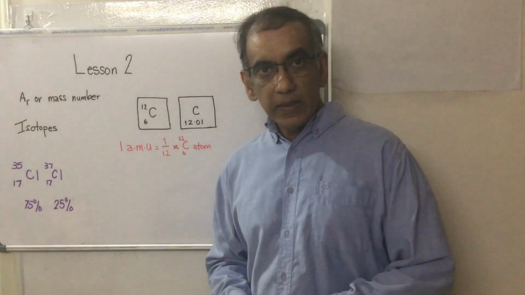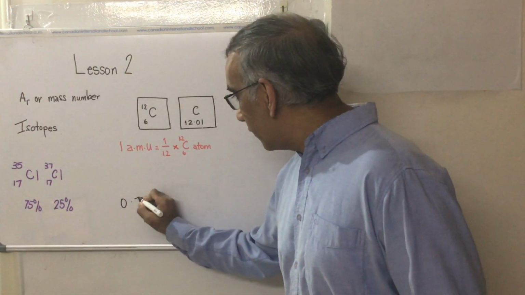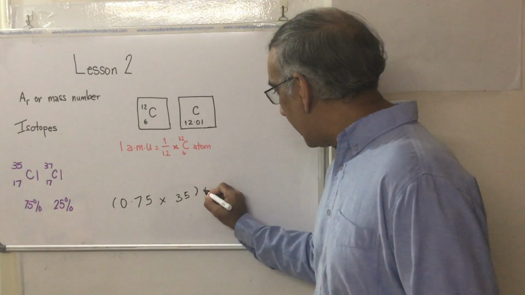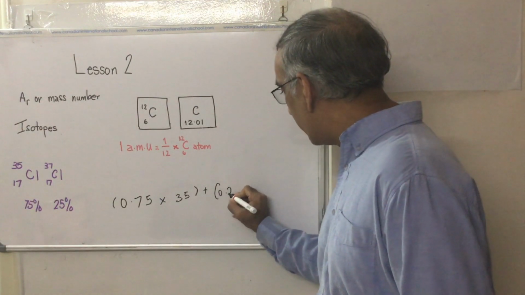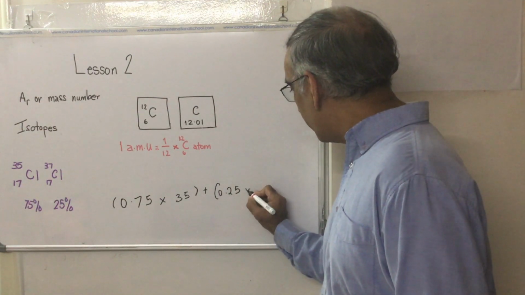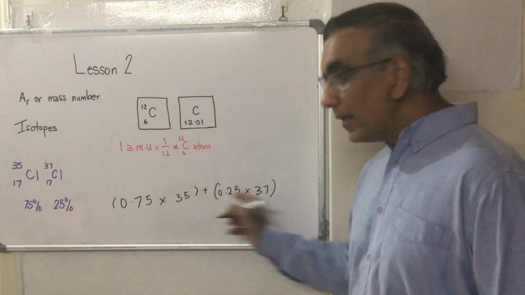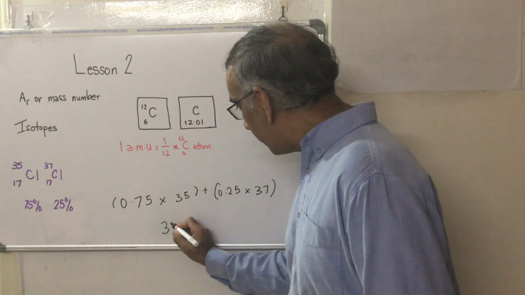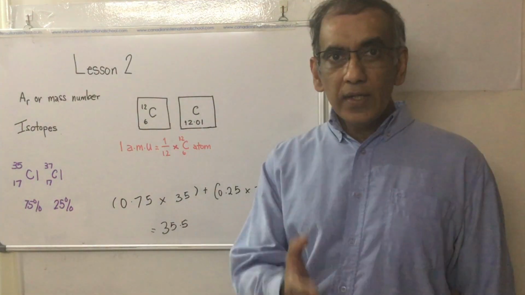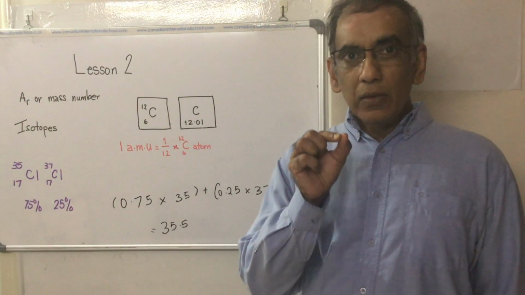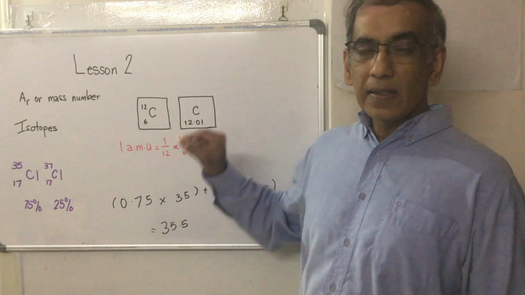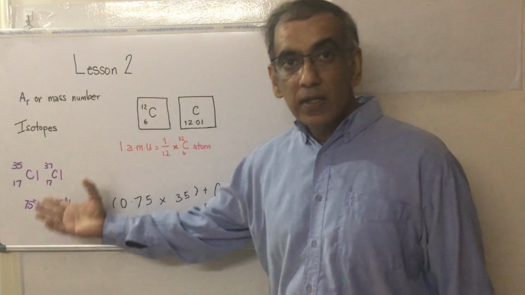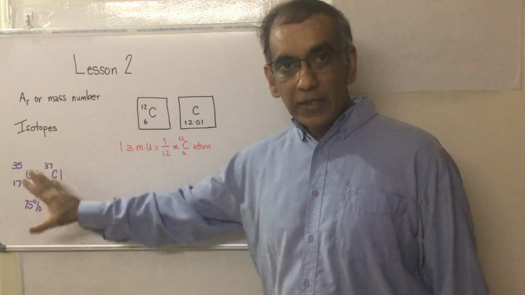So you do the maths like this: 0.75 or 75% multiplied by 35, and you add that to 0.25 multiplied by 37. Adding these two up would give you a final total of 35.5. And this is how you would go about finding the relative atomic mass that gets listed in the periodic table, based on the relative abundances of the isotopes.